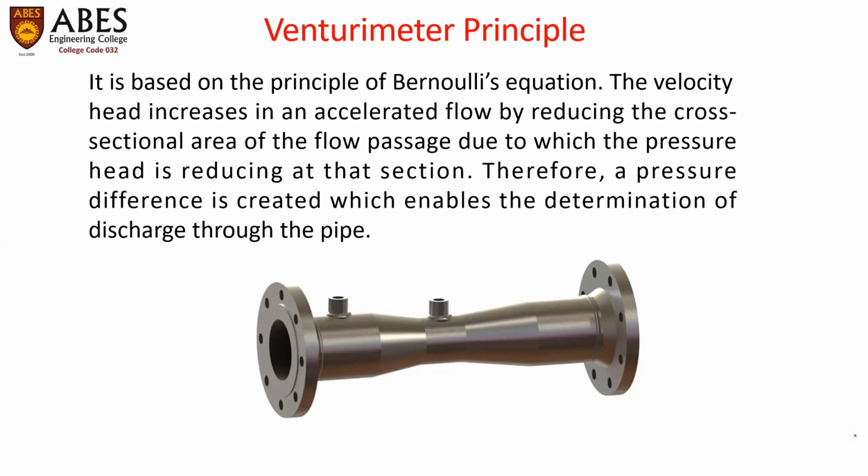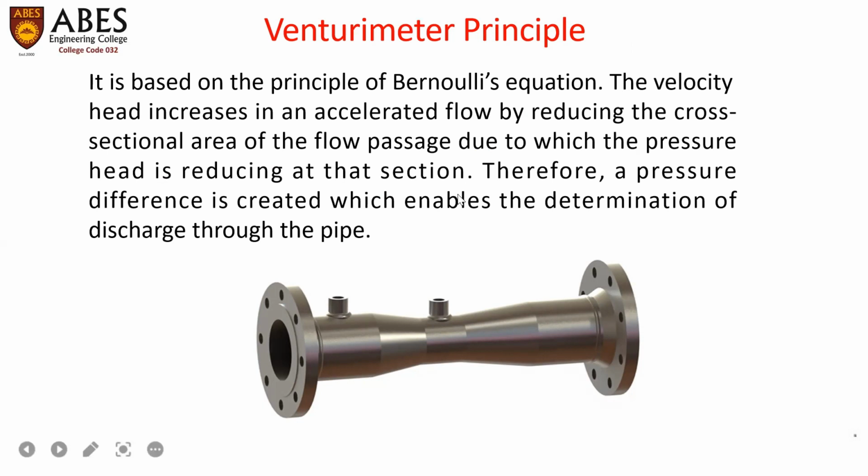Now, when we talk about the Venturimeter principle, what is the principle? It is based on Bernoulli's equation, and as we know, Bernoulli's equation is basically the conservation of energy. It includes three heads: the pressure head, kinetic head, and potential head. The sum of these heads, or energy per unit weight, remains constant.